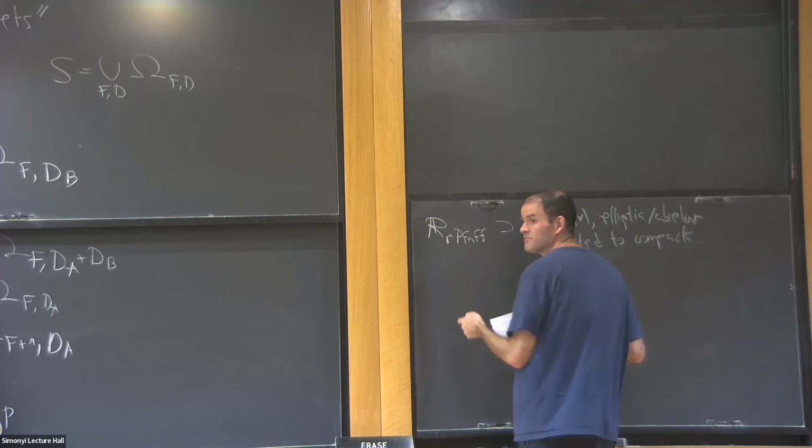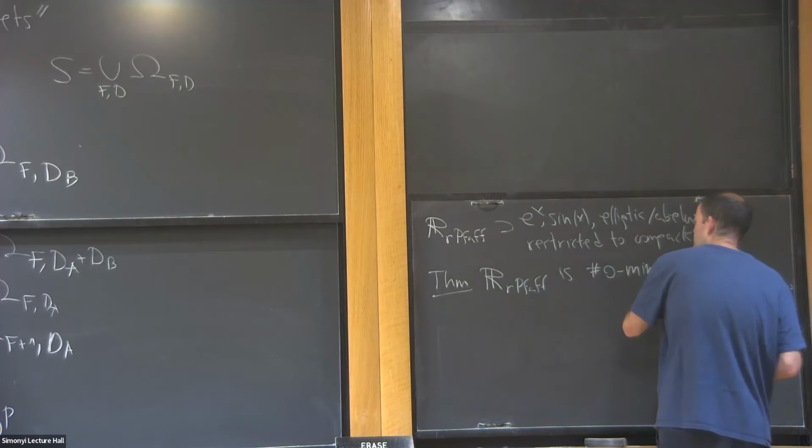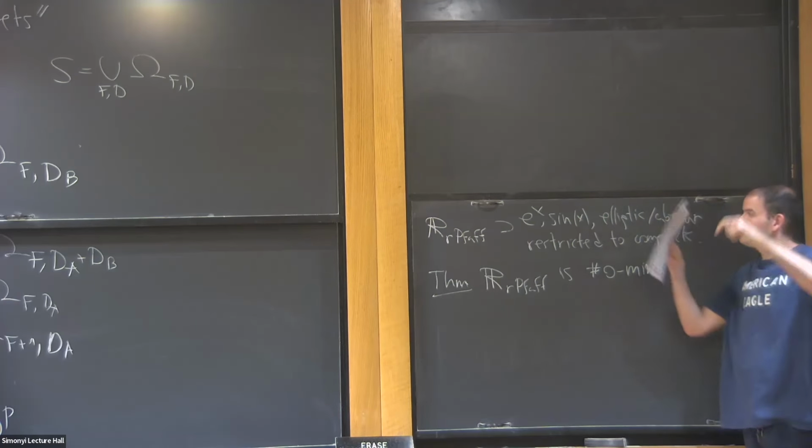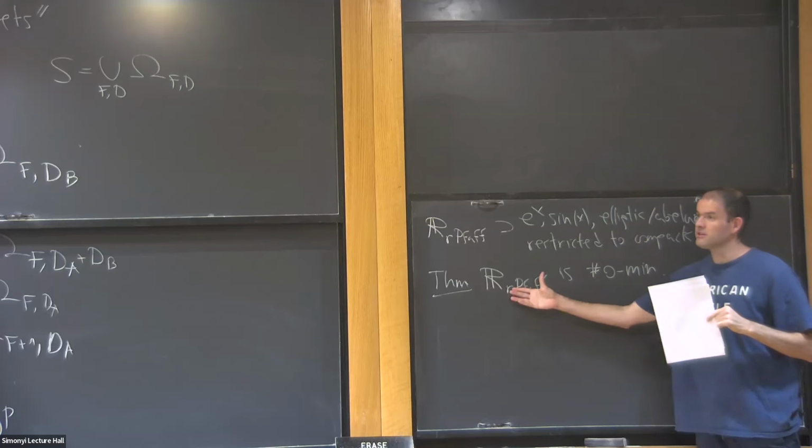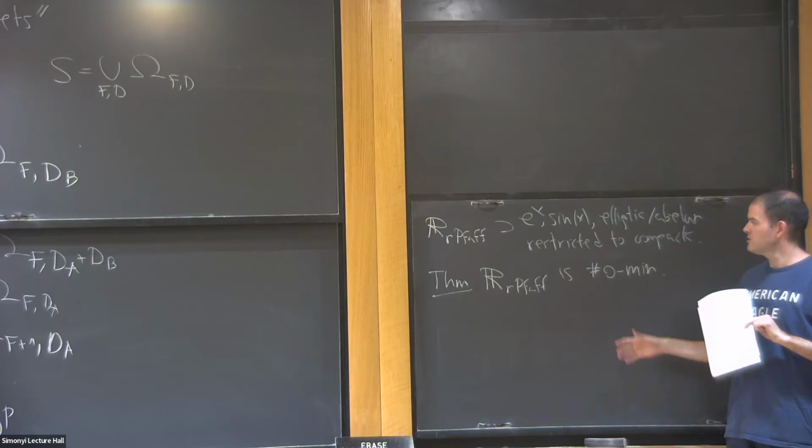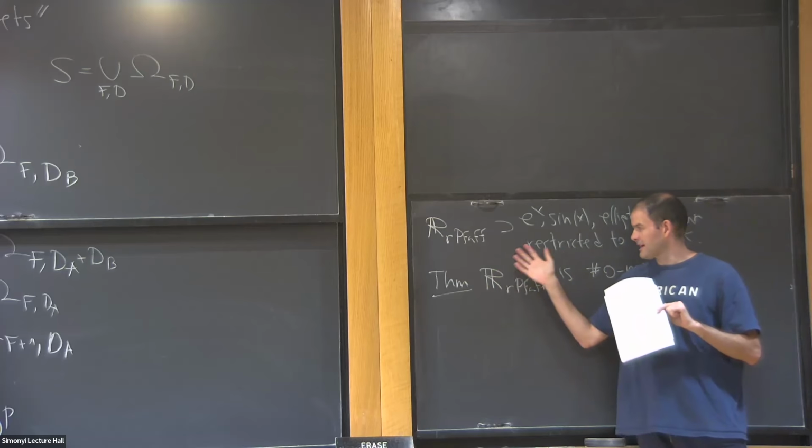And I'm saying that the theorem is that this one, this reduct, is sharply o-minimal. Okay, so you have to restrict yourself from all the analytic things to some nicer analytic things, but then you can construct examples where it is sharply o-minimal.